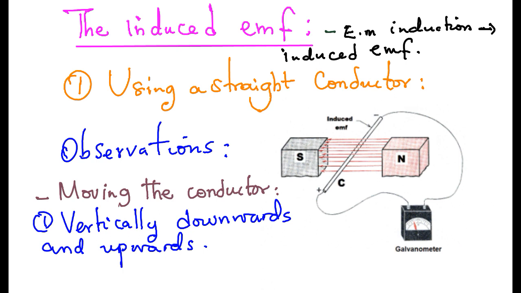So we arrange the apparatus as shown, whereby we have two magnets, magnet 1 and magnet 2.